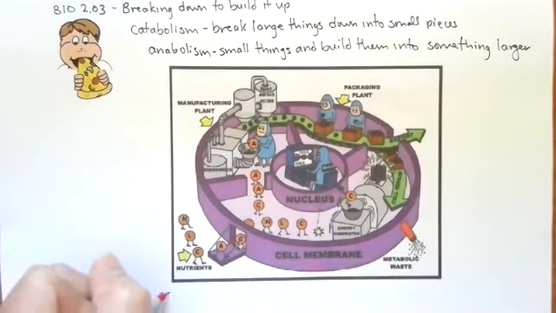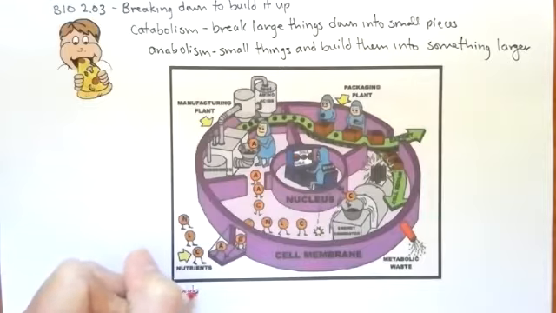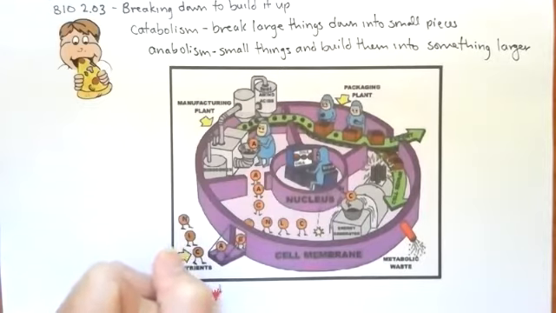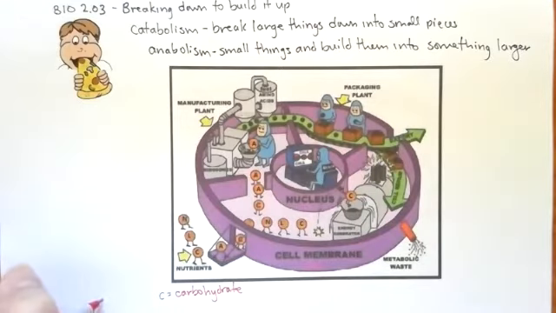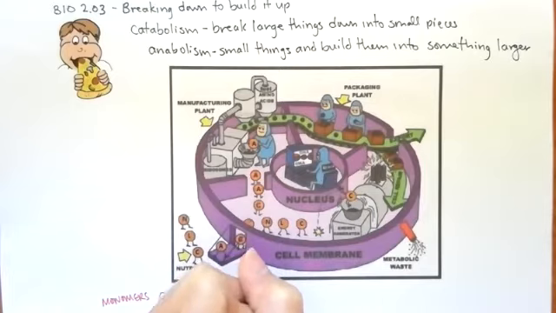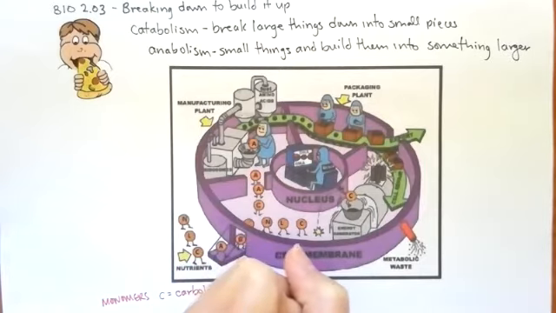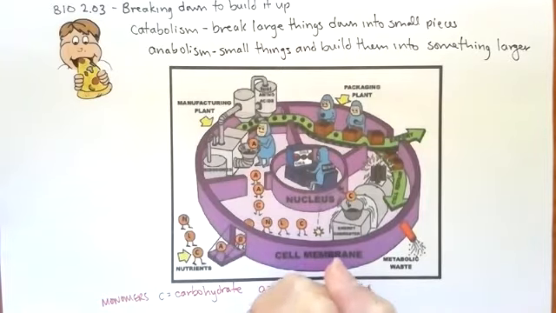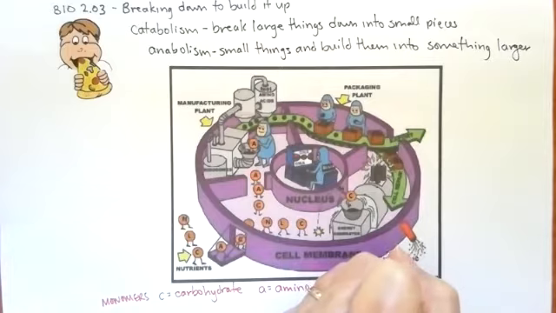So the C is carbohydrate, and this is going to be a monomer. So these are all monomers. When I say these, I mean the little circles. A is going to be an amino acid. L is a lipid. And N is nucleic acid.